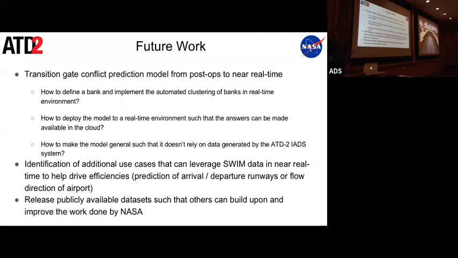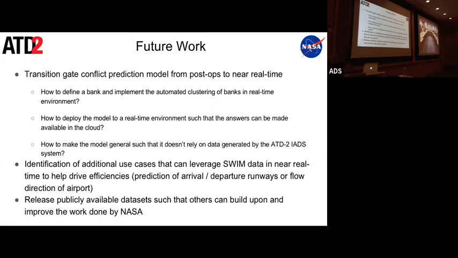So to wrap things up here, we'll talk a little bit about future work. The main idea for future work is we want to transition this gate conflict prediction model from post-ops to near real time.